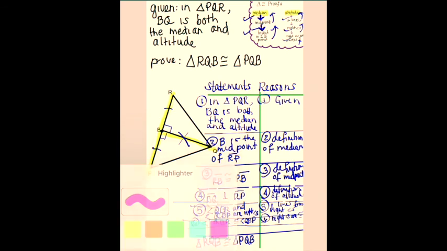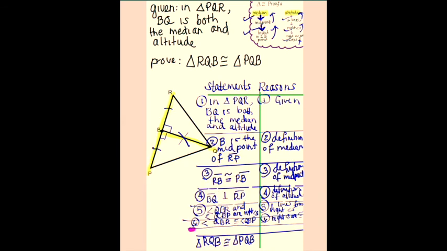Actually, let me write this in first. I'm getting ahead of myself. Step 7. QB is congruent to QB because of the reflexive property.